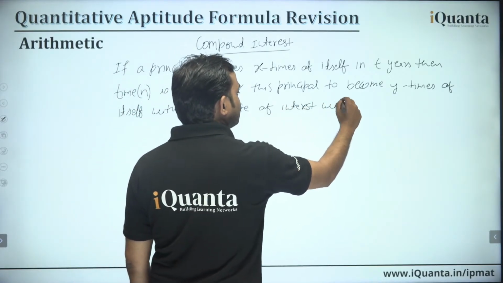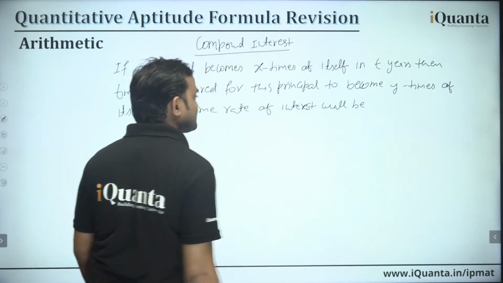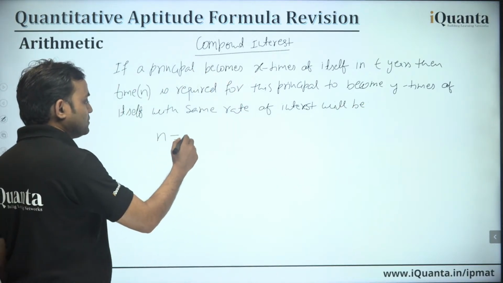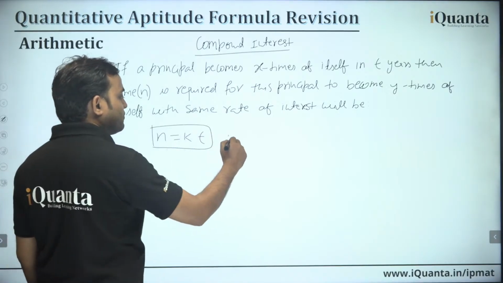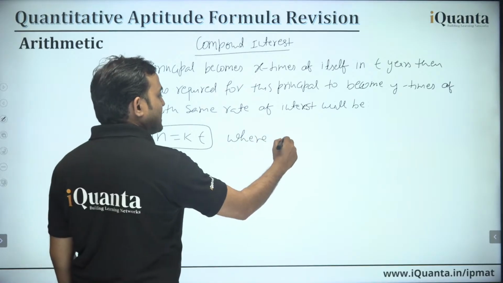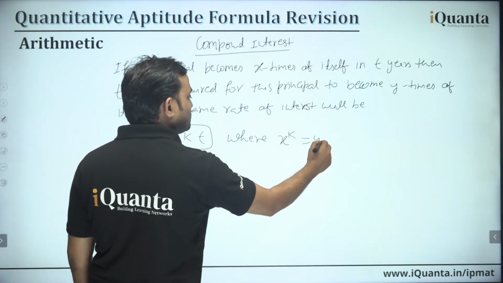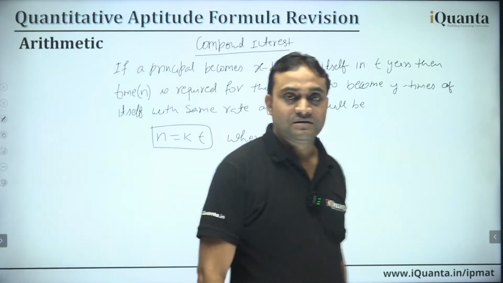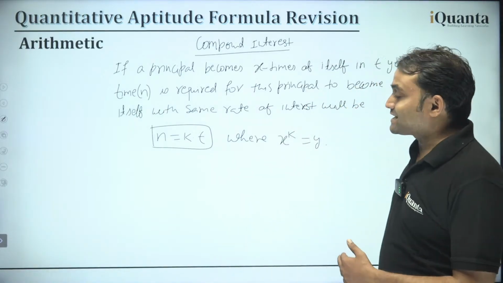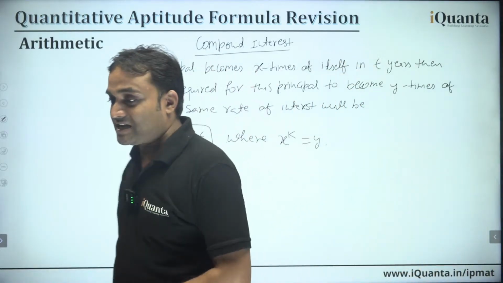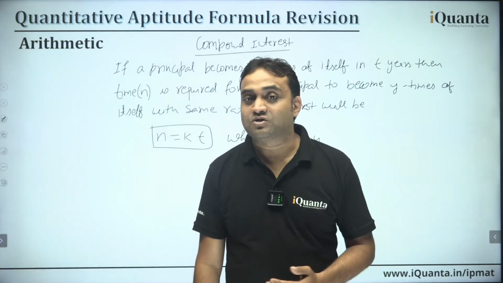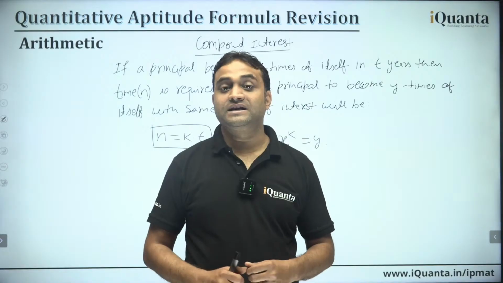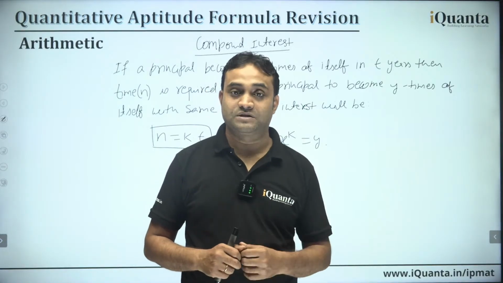will be, now in this case we can say N is equal to K into T, where K is such that X to the power K is equal to Y. Okay. So again, similar question can be asked in compound interest as well, that a particular principal becomes 3 times of itself in 5 years, then in how many years it will become 9 times of itself?